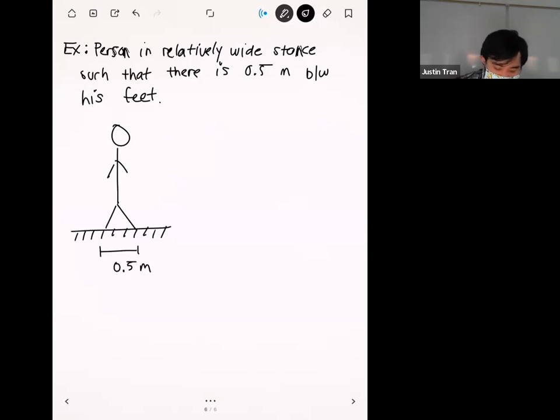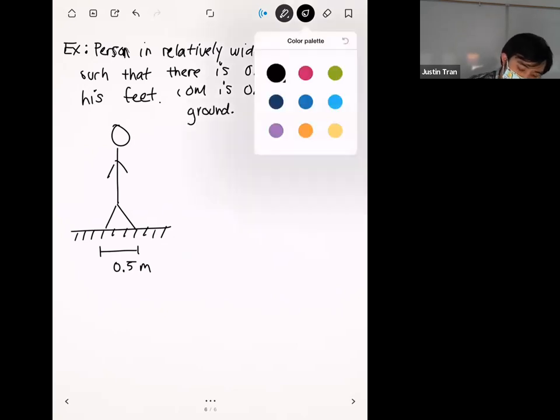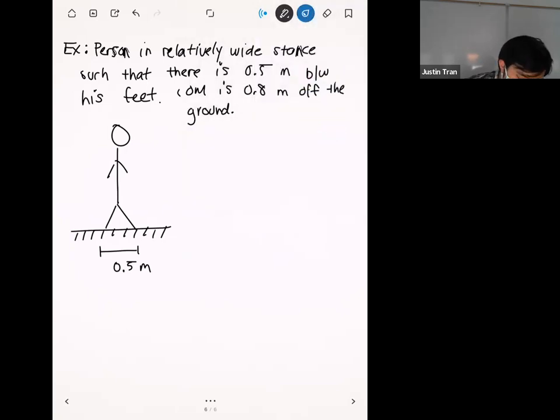In addition, let's say that this person has a certain amount of height such that his center of mass is about 0.8 meters off the ground. Let me go ahead and draw his center of mass.